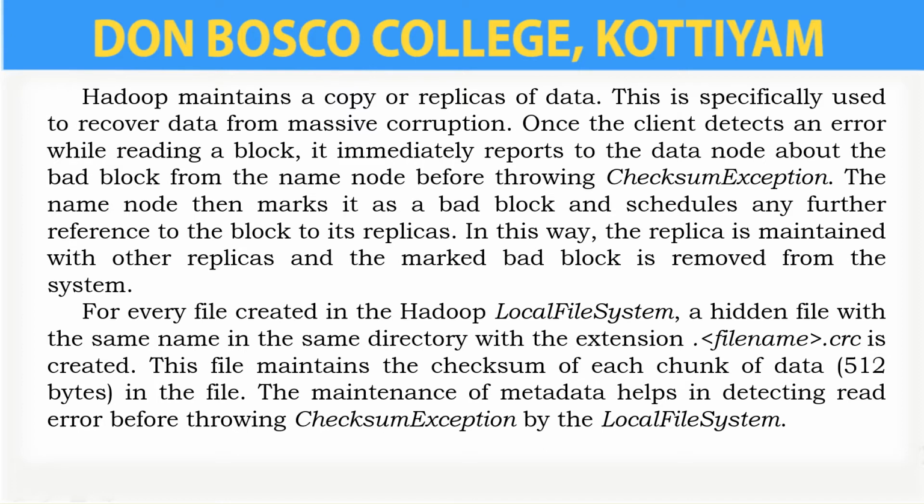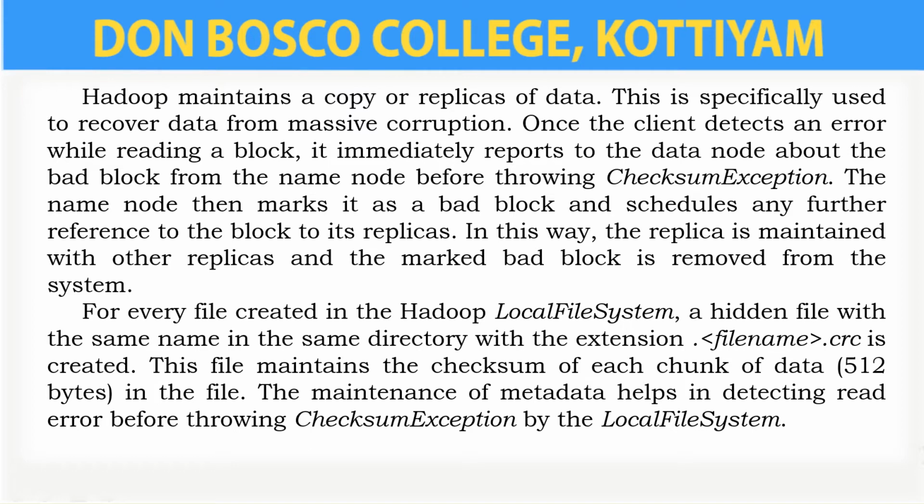We know that Hadoop maintains copies of data. That means it will be storing the same data in different places. So if a client detects an error when reading a block, it reports the bad block and the data node it was trying to read from to the name node before throwing a checksum exception.